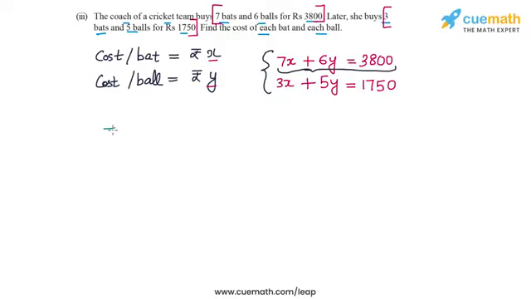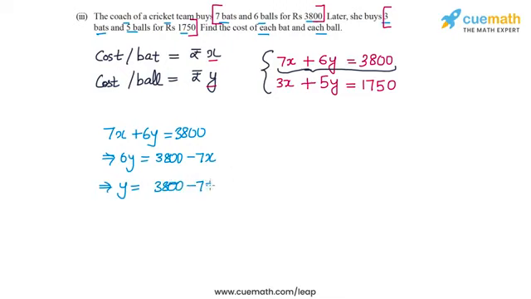The first equation is 7x plus 6y equal to 3,800. From this I can write 6y equal to 3,800 minus 7x, or y is equal to (3,800 minus 7x) by 6. So from the first equation I can write y in terms of x like this.